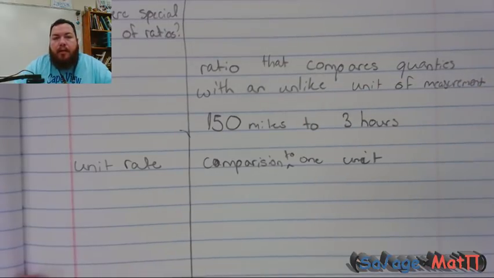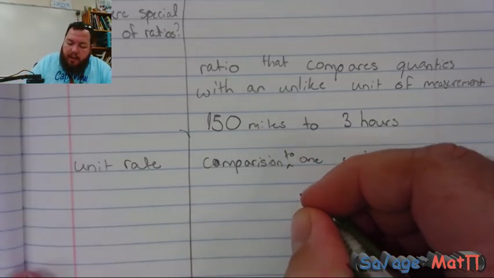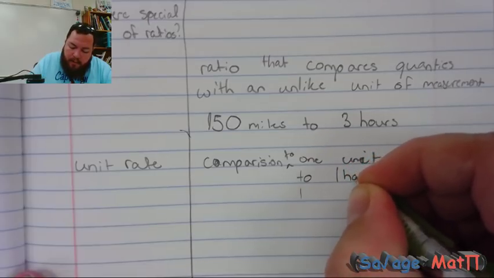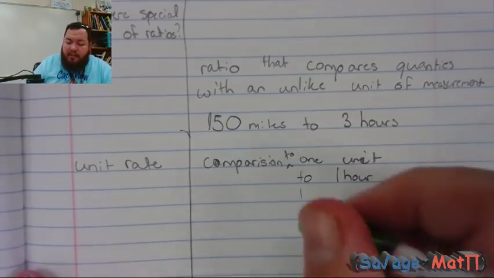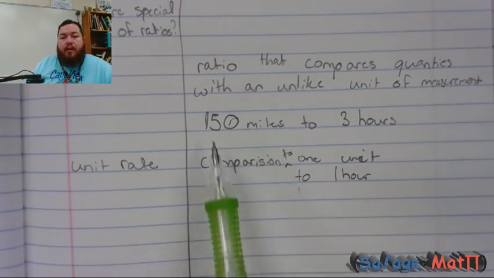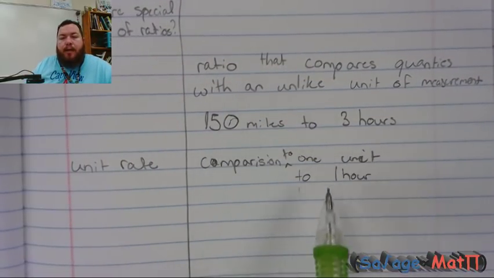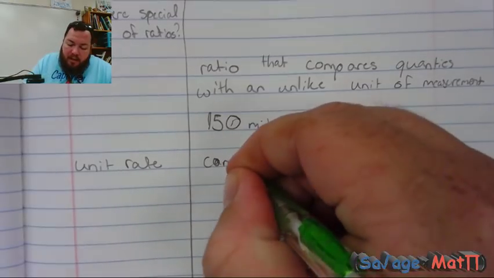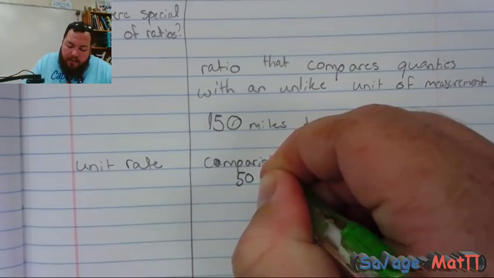The way that would work is, let's say we were trying to find out how many miles we traveled in 1 hour. If we traveled 150 miles in 3 hours, how far would we have gone in an hour? So what I would want to find out is the distance for 1 hour. The easiest way to do this is to divide or find an equivalent fraction. If 150 miles took me 3 hours, well, 150 divided by 3 is 50. So I know in 1 hour, I go 50 miles.